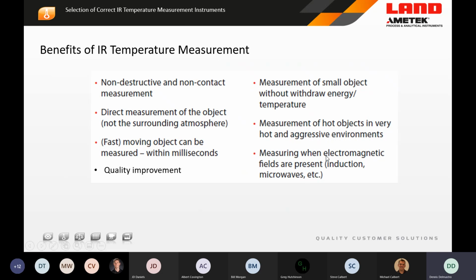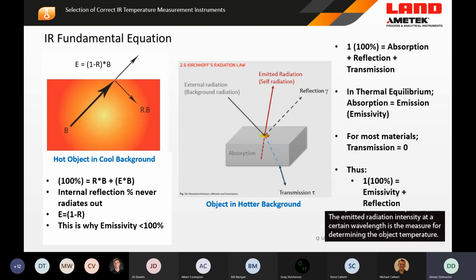And we can even measure in electromagnetic fields where you have induction and microwave types of furnaces. So there's a lot of benefits to IR. It can be a little more expensive than thermocouples, for example, but the technologies continue to improve and the benefits are clearly there.